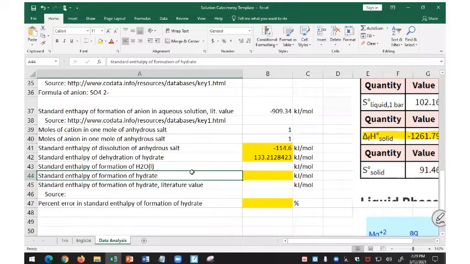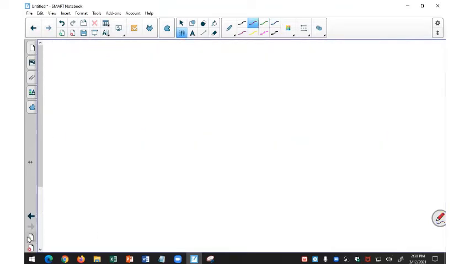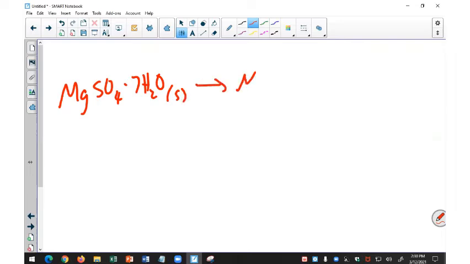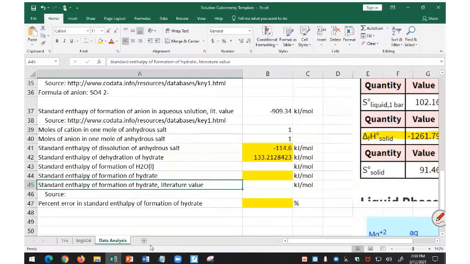Now, the next step is to determine the enthalpy of formation of the hydrate. And we can do that because we already know, we just figured out, magnesium sulfate heptahydrate solid yields magnesium sulfate solid plus 7H2O liquid. What did we say the delta H for this was? Using my number here, it's my 133, right?